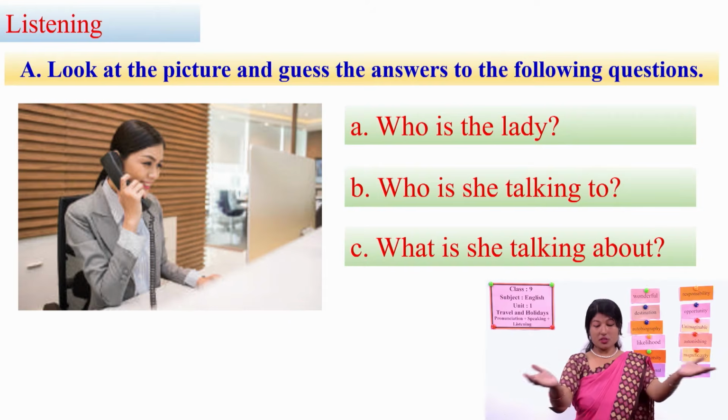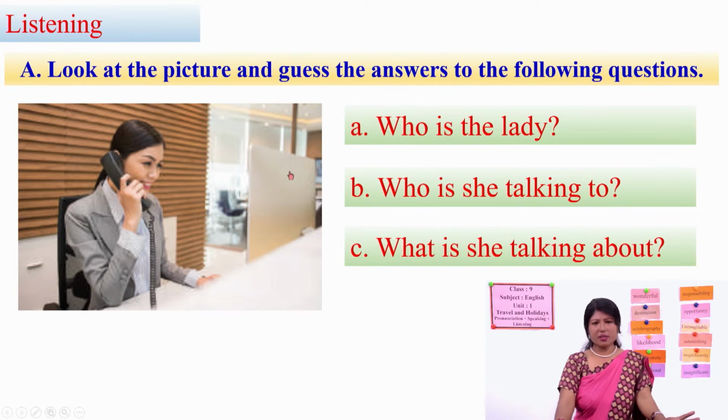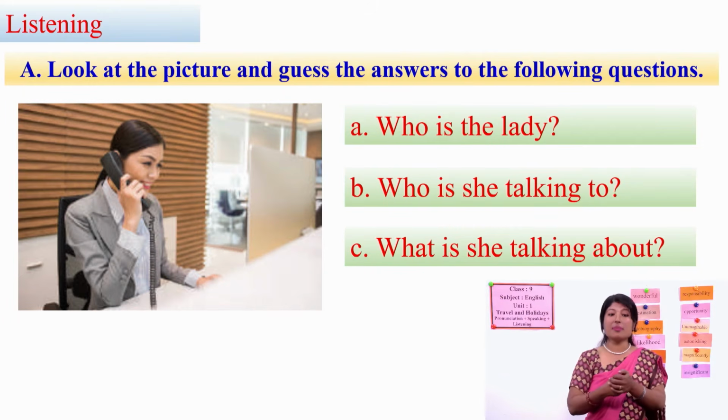Maybe some official matter, right? So it looks like a formal environment. So she must be discussing some official matters with a client or maybe with colleagues. So we can just guess.